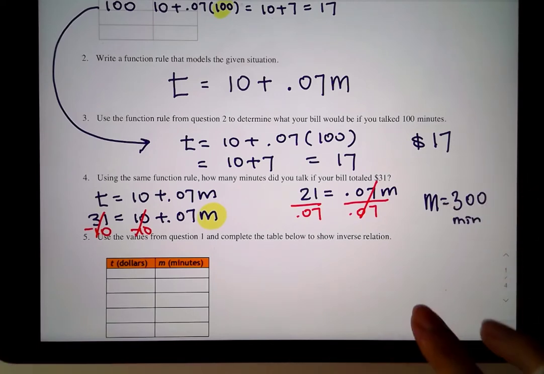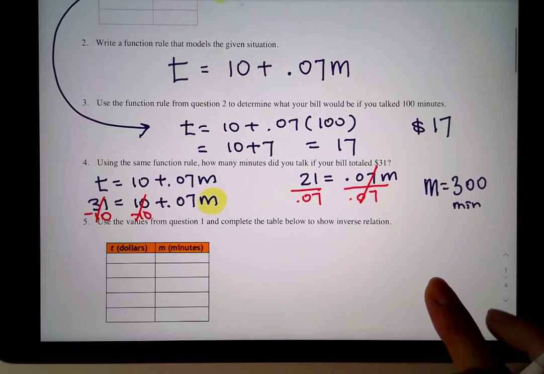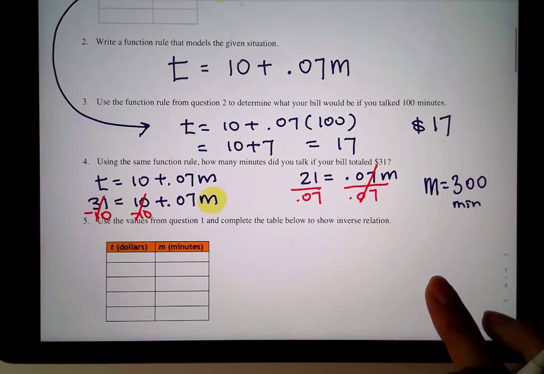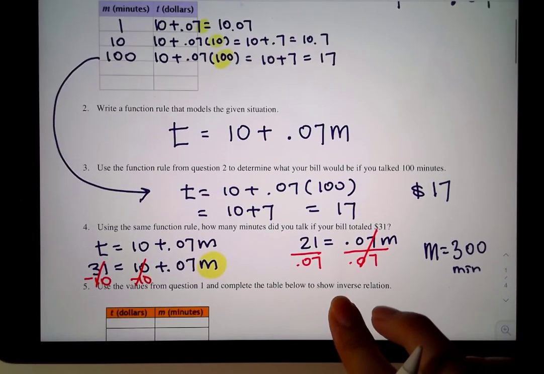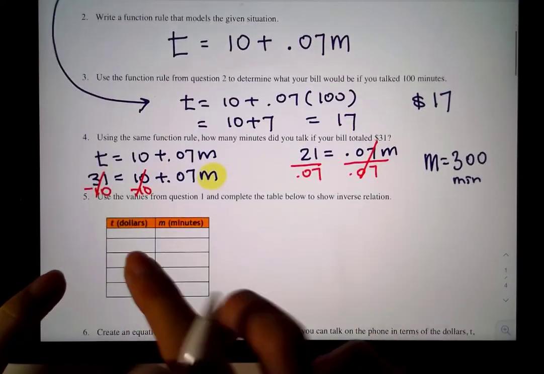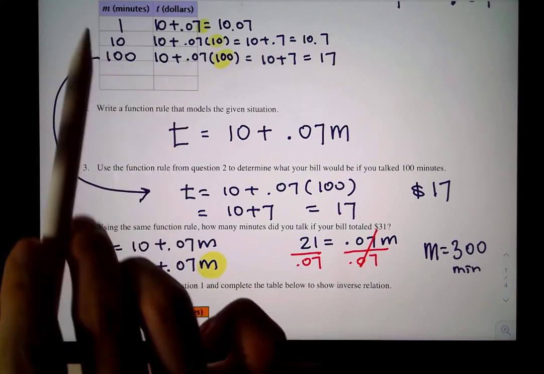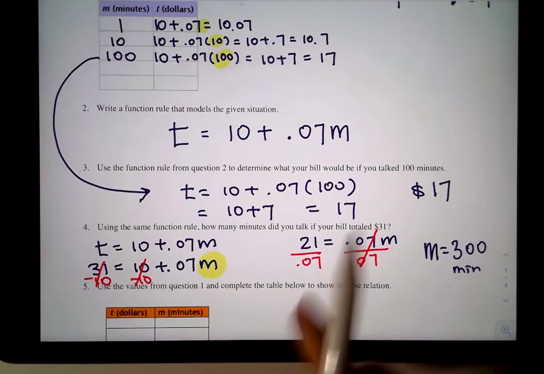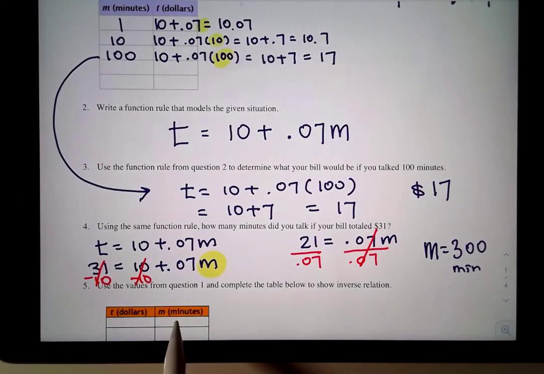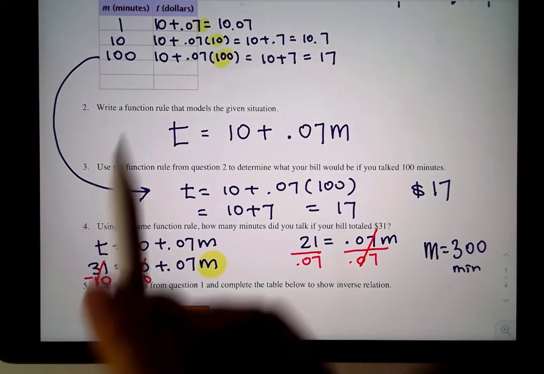300 minutes. And use the values from question 1 and complete the table below to show the inverse relation. So guys, look. To get the inverse table, what do you do? You just switch x and y. This time you have mt. Look at this. You have tm. So I will just copy the numbers.